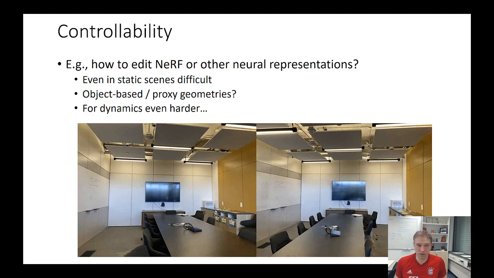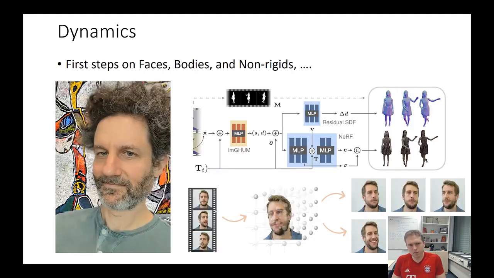But then when we're talking about dynamics, it becomes even harder, right? Like if you're thinking about face reconstructions, how do you say, oh, you want to make the mouth change in a certain way? This level of controllability is pretty much non-existent. So at this point, we're actually pretty happy if we can do reconstructions with dynamics, right? But even there, I think we're not quite there yet either.